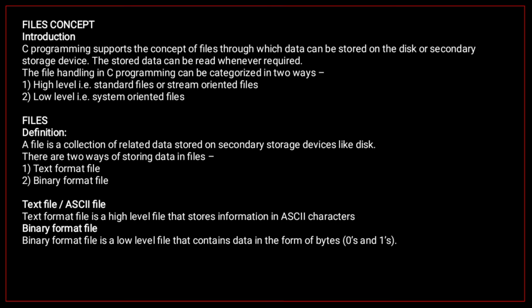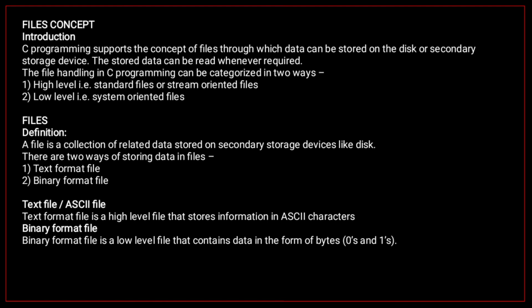First, high level, that is standard files or stream oriented files, and second, low level, that is system oriented files. High level file handling is managed by library functions, while low level handling is managed by system calls. The high level file handling is mostly used and easier to manage.